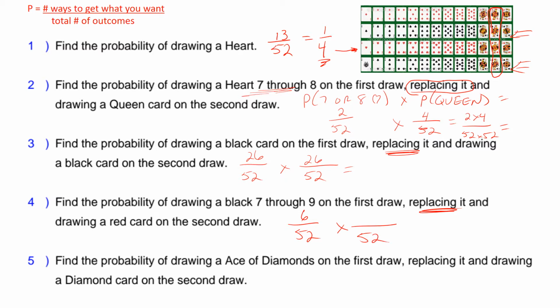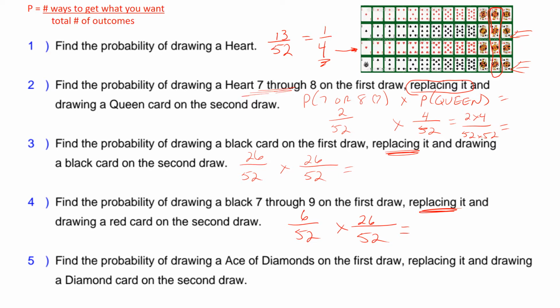A red card can mean any of the hearts or any of the diamonds. Again, 2 suits there, so there's going to be 26 red cards. It'd be 13 diamonds and 13 hearts. So 26. Sorry about that. And then I'll leave it to you. If I were you, I'd try to reduce some of these fractions before I did the multiplication. It'll make all the numbers easier.